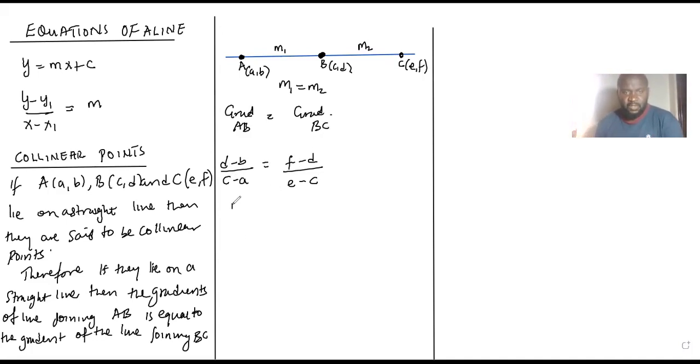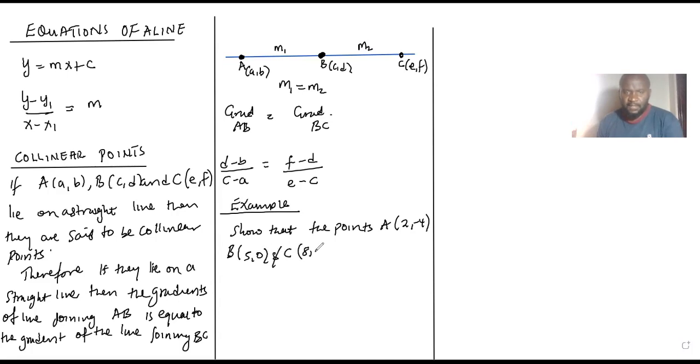So with that definition, you can have an example. Show that the points A (2, -4), B (5, 0), and C (8, 4) are collinear.